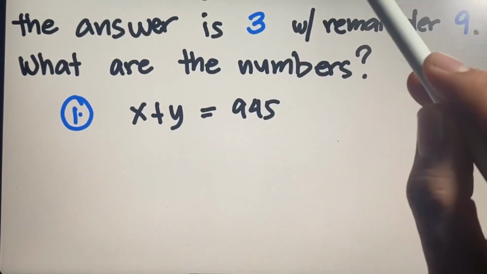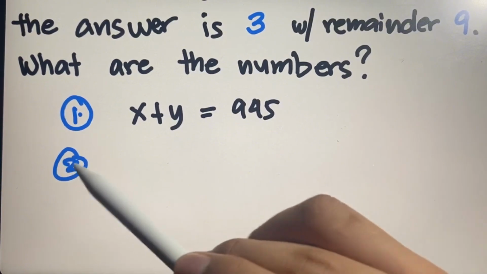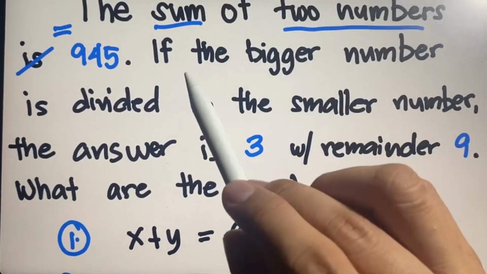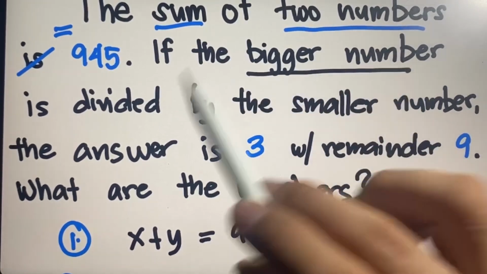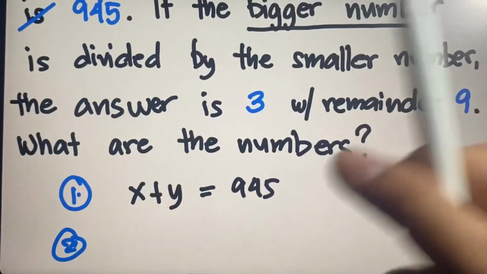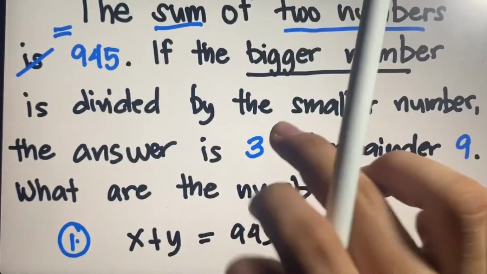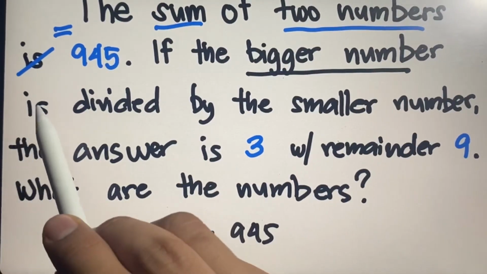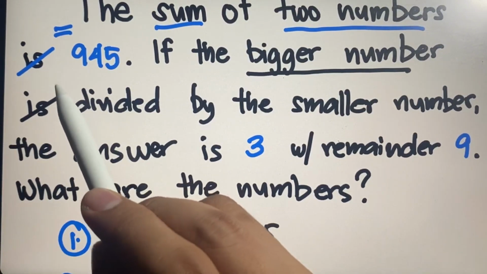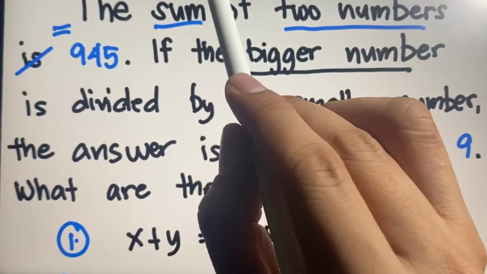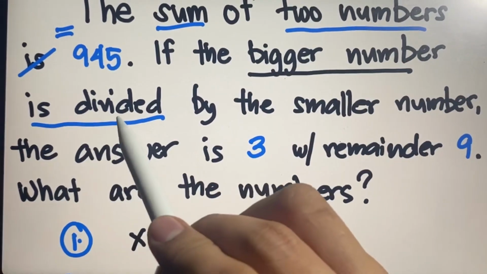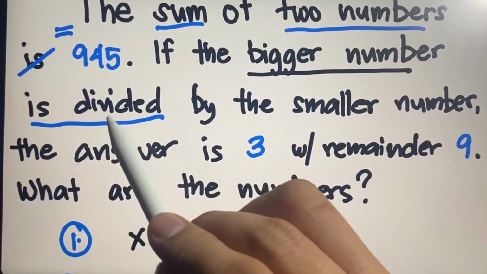Statement 2, I would admit, is a little bit confusing at first. Because if you're going to get the bigger number divided by the smaller number, we can't just directly convert "is" as an equal sign; we have to notice the next word, which is divided.